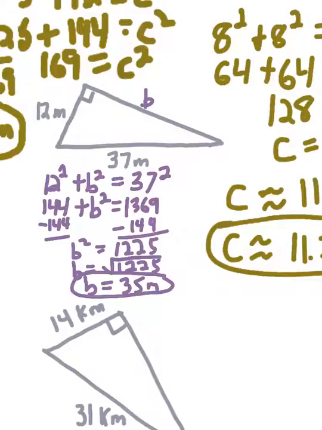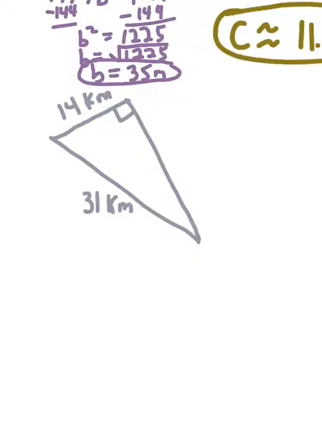And then finishing up on this page with this example below, once again I'm given a leg, missing another leg, and have the hypotenuse, which is opposite the right angle. Just so I can show you that there's no difference between A and B, I'll call that A this time. So A squared plus 14 squared equals 31 squared.